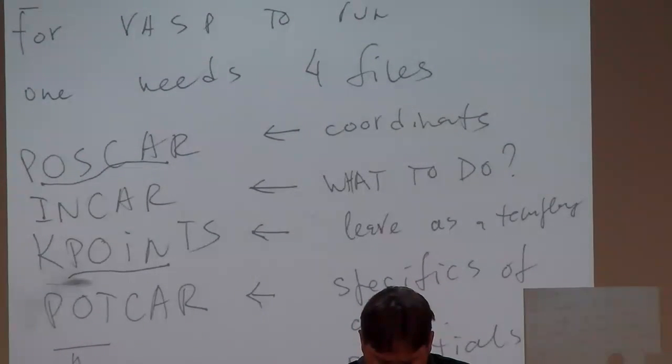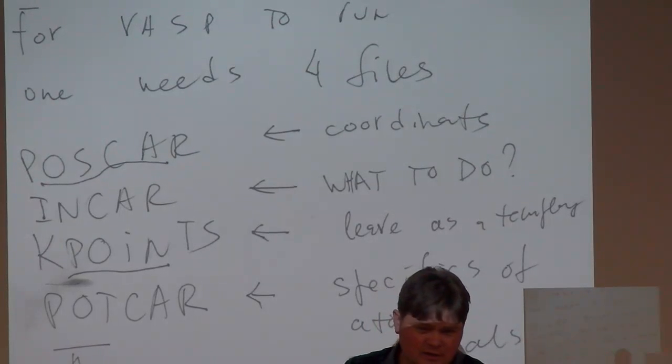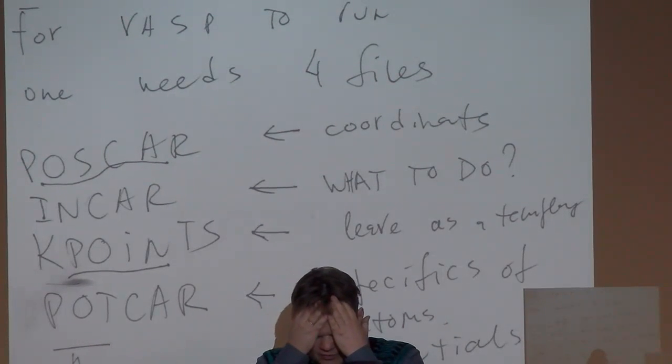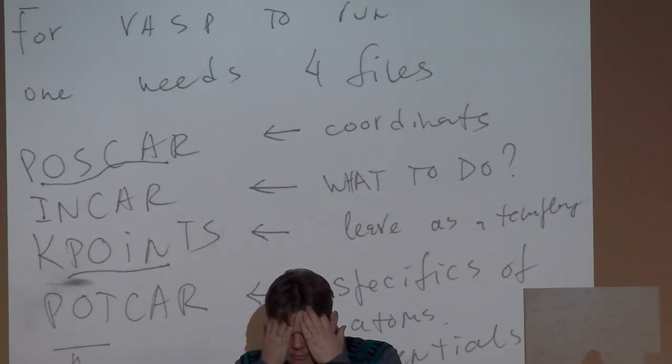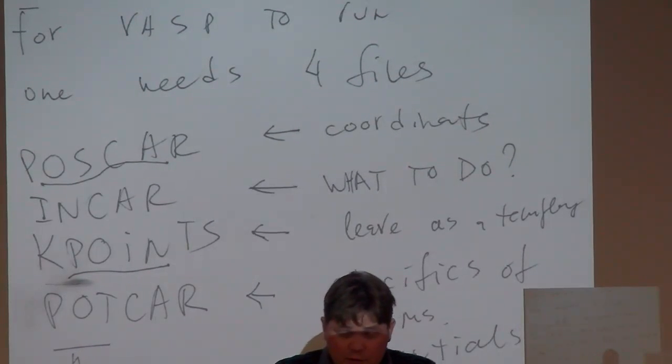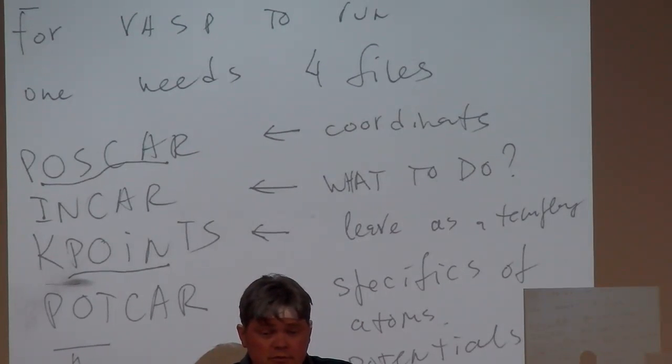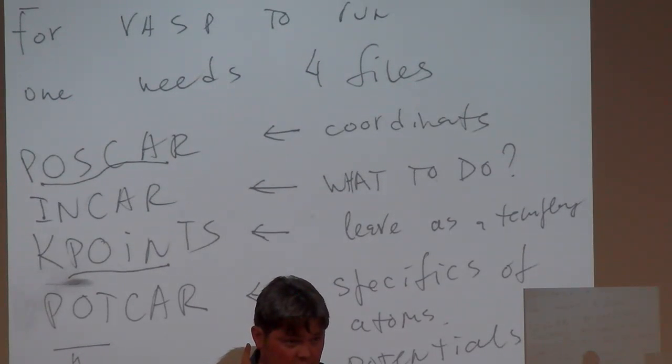I'm not sure if you need to spend time on these introductions. We'd better do practical things. But I'll briefly go over what is here. In Gaussian software, you have one input file, right?